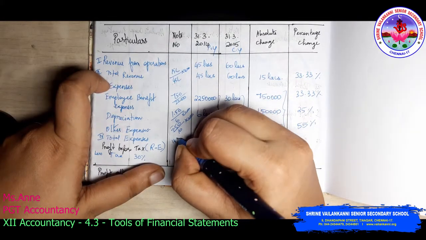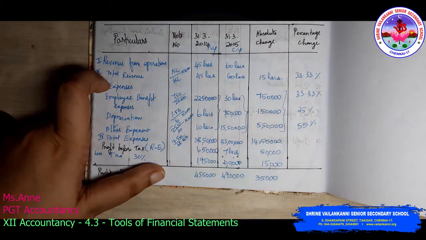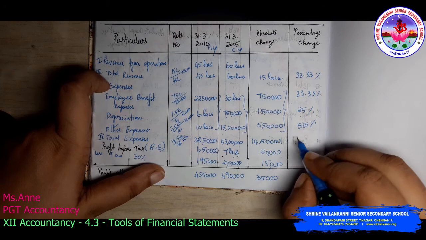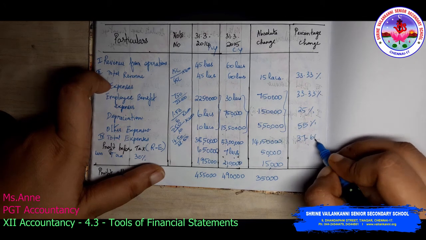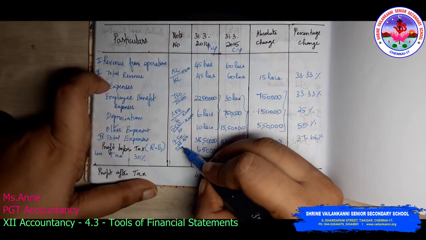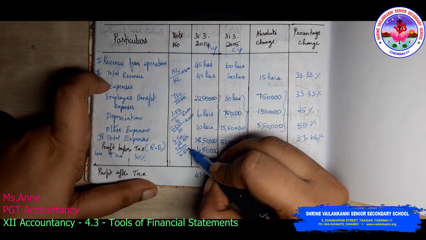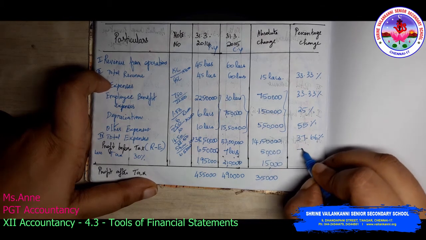For 14.50 and 38.50, 14.5 divided by 38.5 into 100 is 37.66 percentage. 50,000 divided by 6,50,000 into 100 is 7.69 percentage.